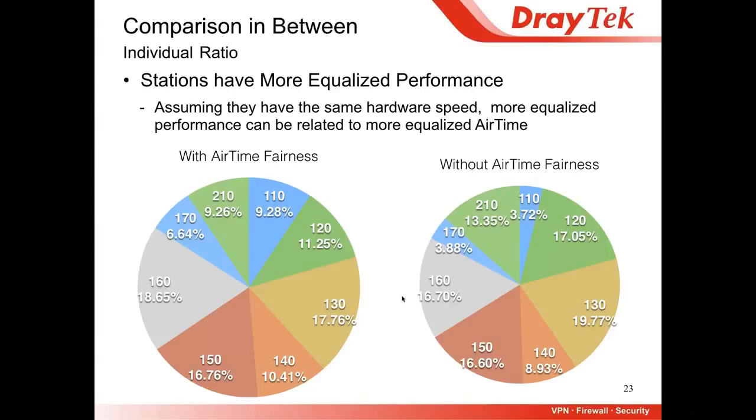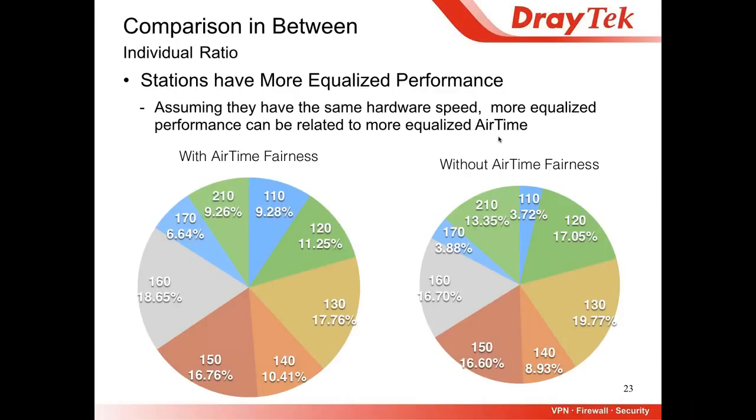Assuming they have the same hardware speed, let's say the 7 laptops are actually identical, more equalized performance can be related to more equalized airtime. I know we didn't use the same laptops, but let's just assume they were the same.